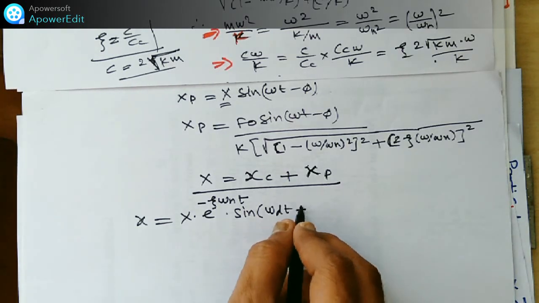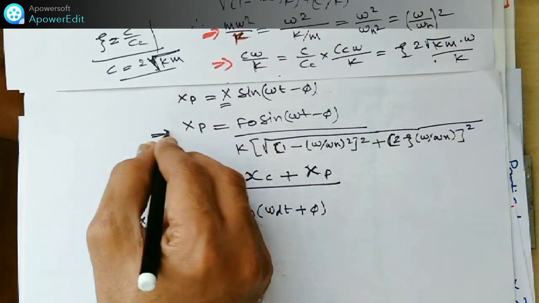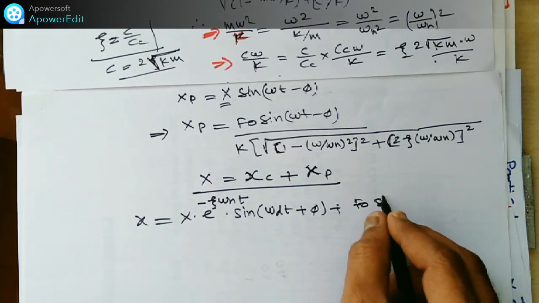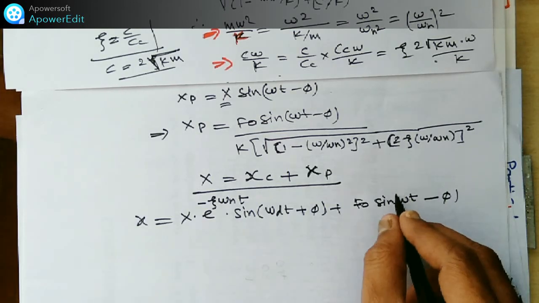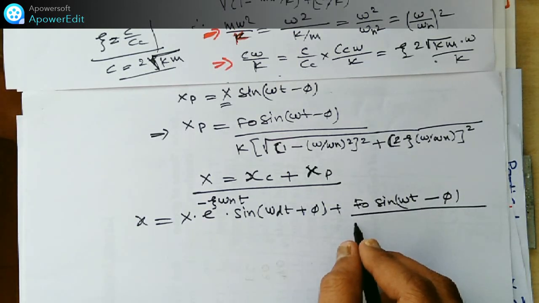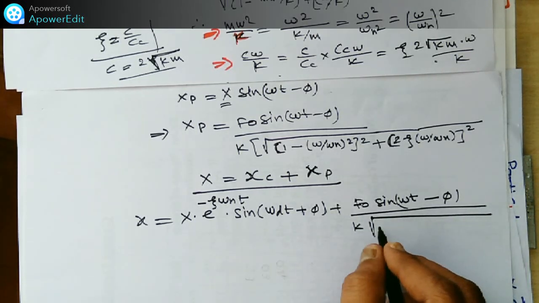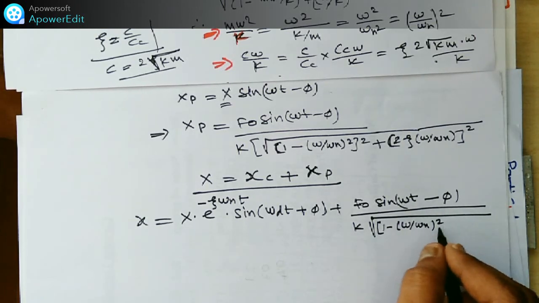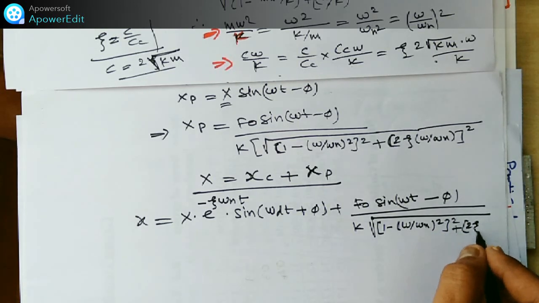And now xp is F0 sine of omega t minus phi upon k under root of 1 minus omega by omega n square bracket square plus twice zeta omega by omega n bracket close and square.